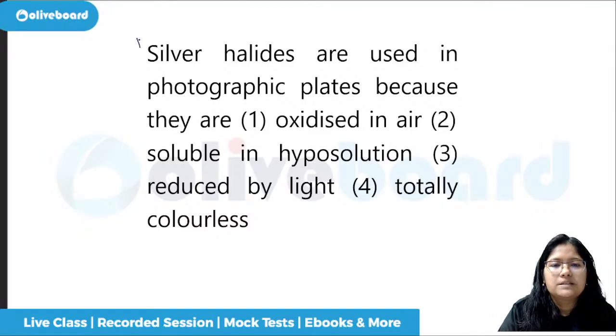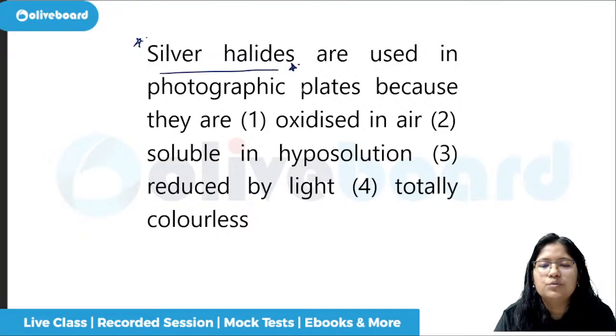Okay. Silver halides are used in photographic plates because they are. So why silver halides are used in photographic plates? Because they oxidize in the air, soluble in hypo solution, or reduced by light. So what happens?